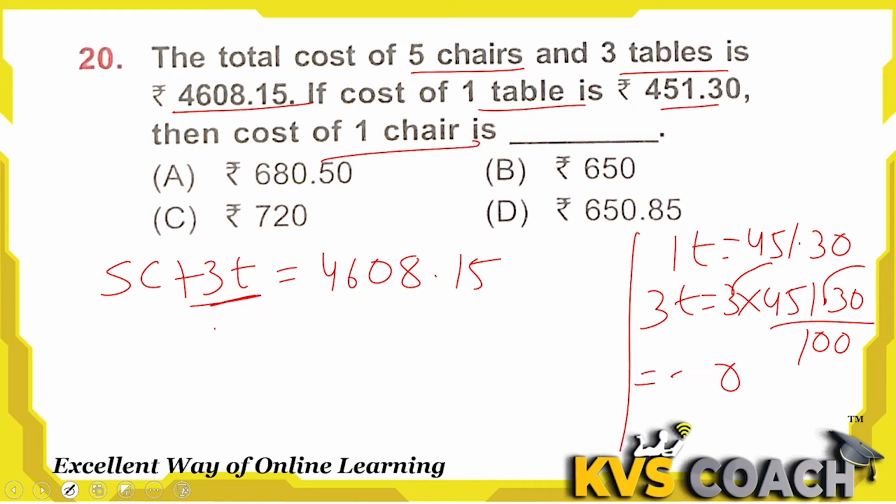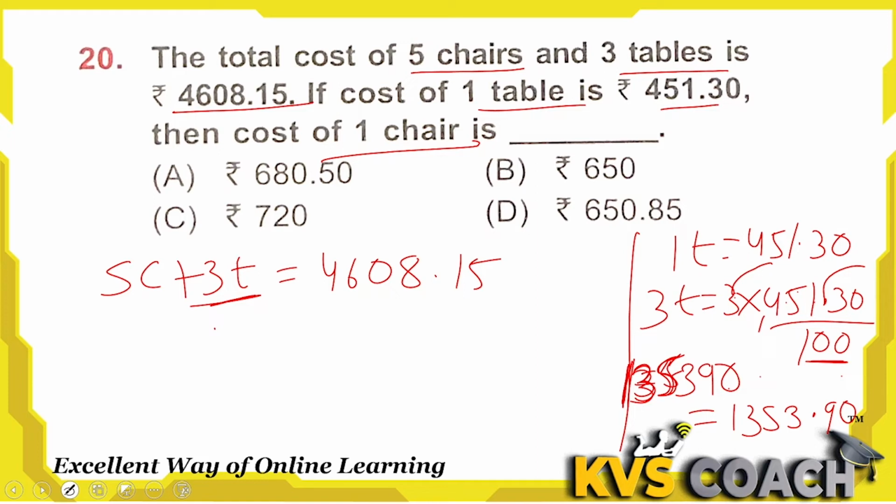Okay, 3 3s are 9, 3 1s are 3, 3 5s are 15, 1 carrying here, 3 4s are 12 plus 1 is 13. So 135390. Here there are 2 digits after the decimal, so we will put the decimal before 2 digits. So the answer will be 1353.90.